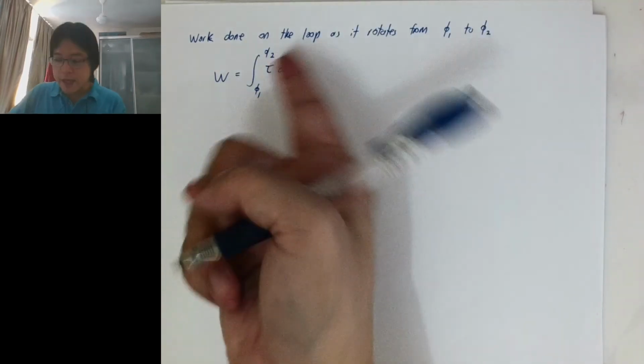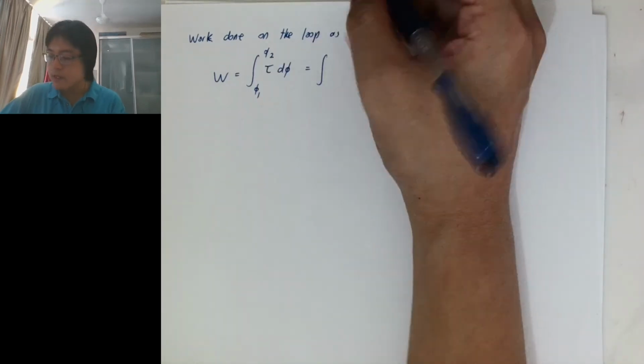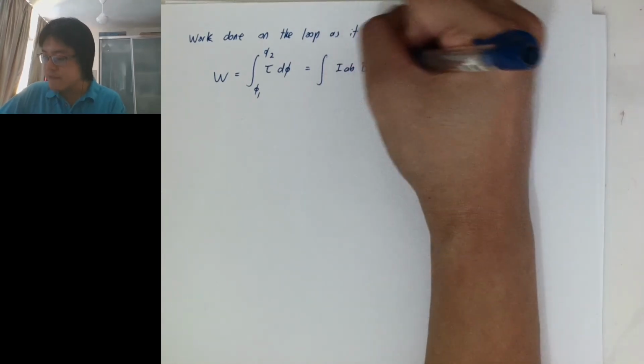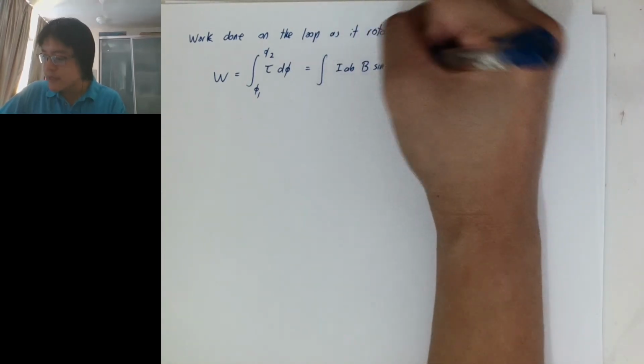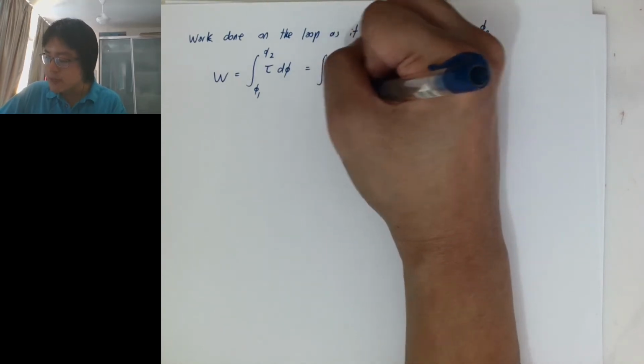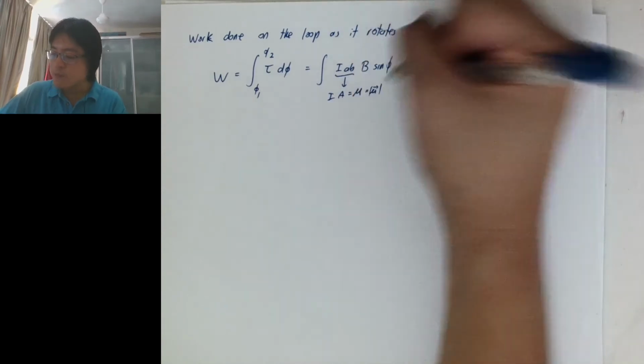Okay, and we have calculated the torque here already, right? What we got was I A B, the magnetic field, and then sine phi d phi, and we have said that this is equal to I times area, which is the magnitude of the magnetic dipole moment.